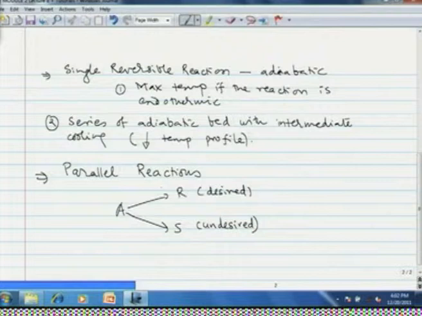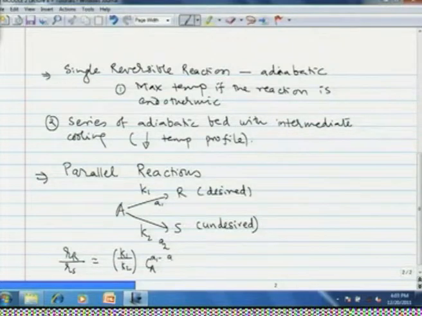The rate constant for A to R is K1 and the rate constant for A to S is K2. The orders of reaction are A1 and A2. Now, if you take the ratio of the rates of the two reactions, A goes to R and A goes to S, RR and RS, then we get K1 by K2 into Ca raised to A1 minus A2.